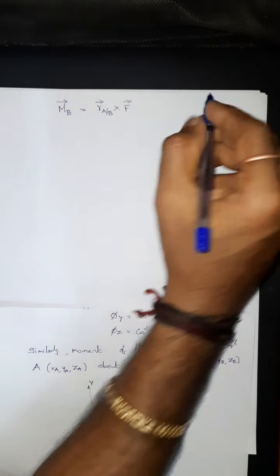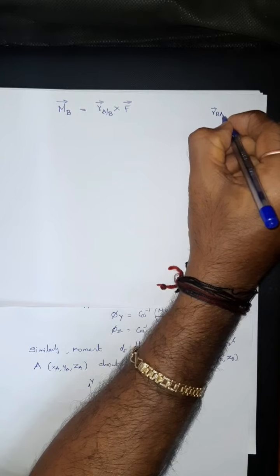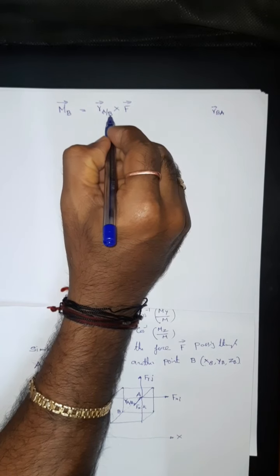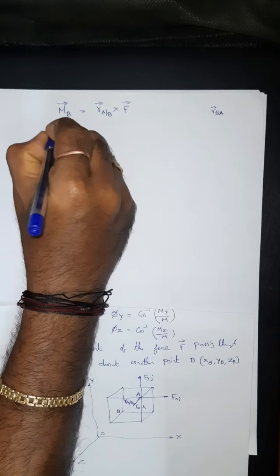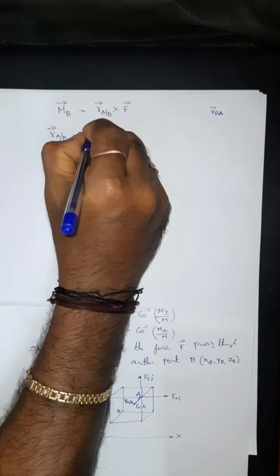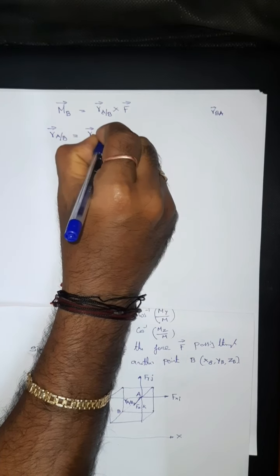Instead of this you can mention it in this way also, BA, so B to A, right? In order to differentiate it, as I mentioned this B here, it would be easy for you to remember this. So rAB equal to position vector of A to B, isn't it?